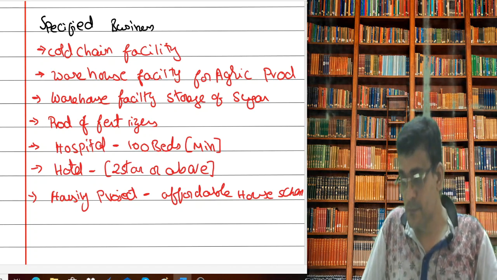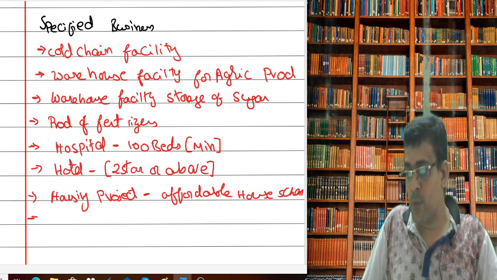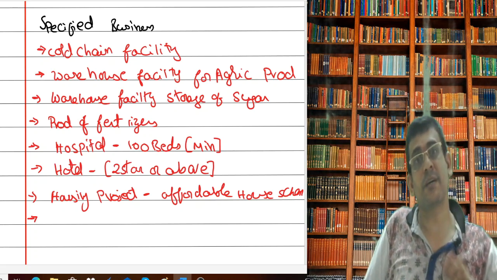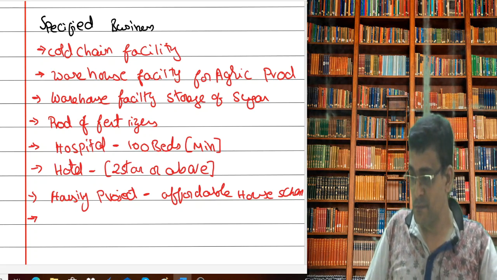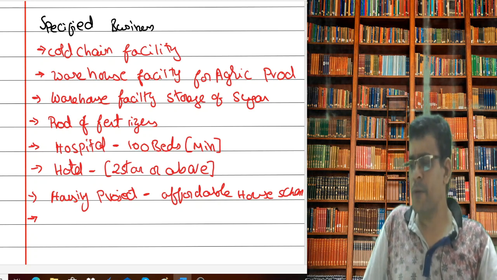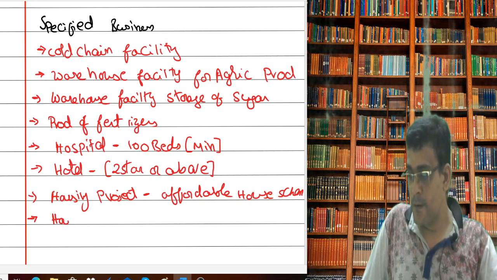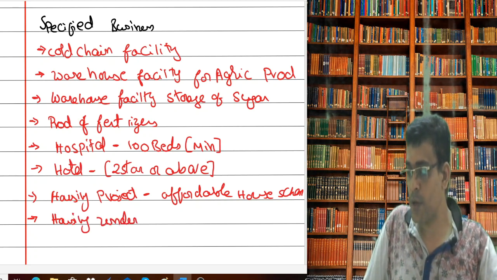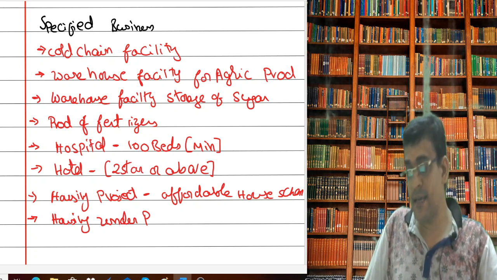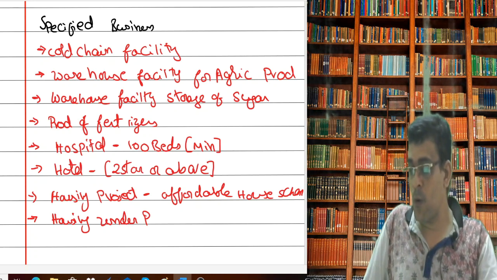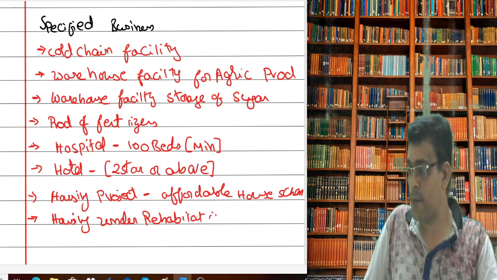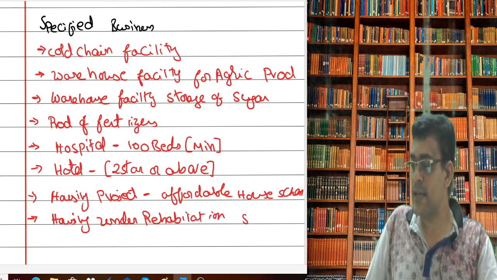Then the next point I am putting is also related to construction, so that it becomes easy for you. What is the next one? Housing under a rehabilitation program. So you are engaged again in construction, but now under a rehabilitation scheme.